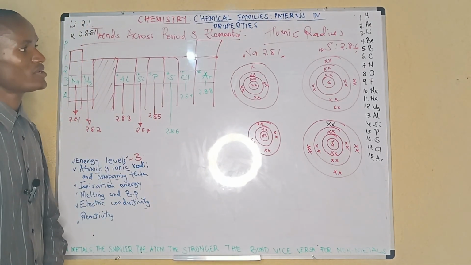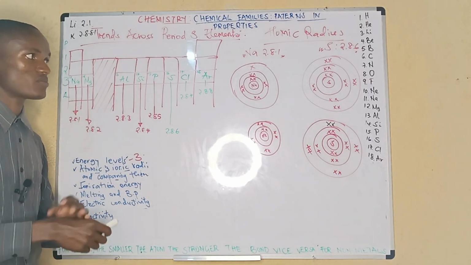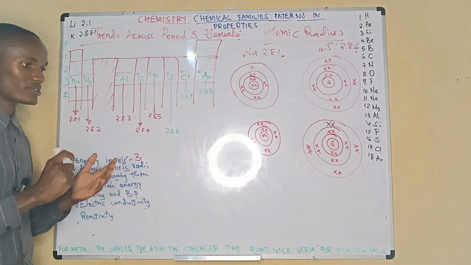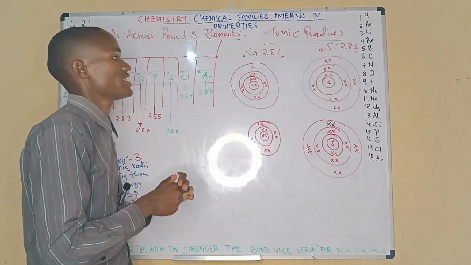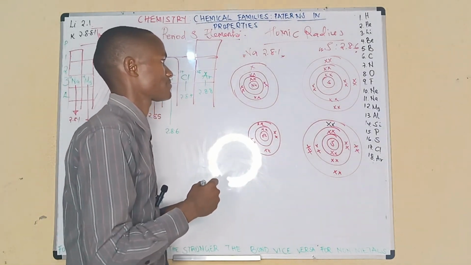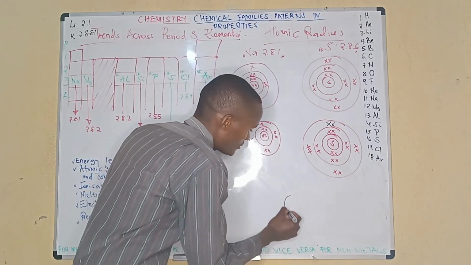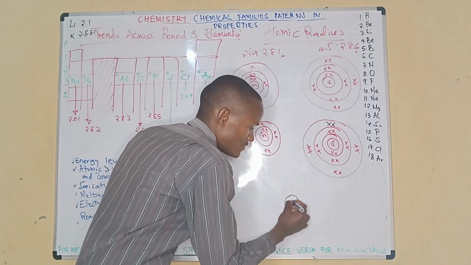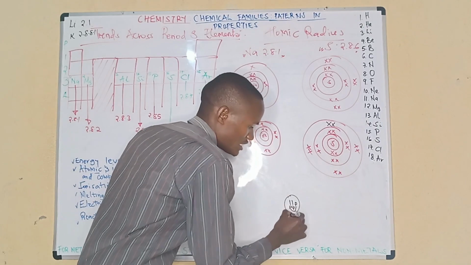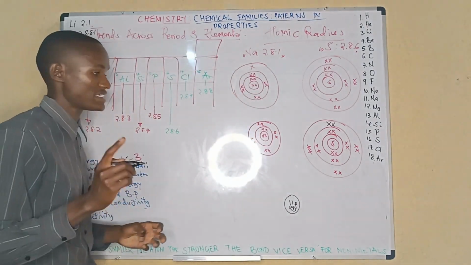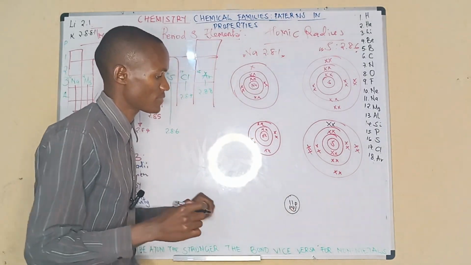And the answer is simple. We'll be looking at the balance of protons and electrons. And at that point we will say that sodium, let me draw yet another one here. Sodium has 11 protons, or 11 positive charges. This is positive.